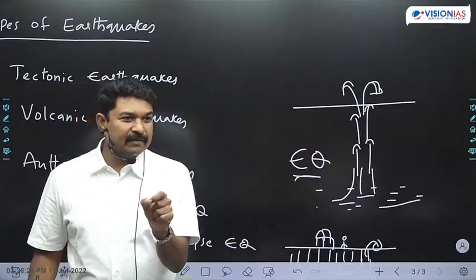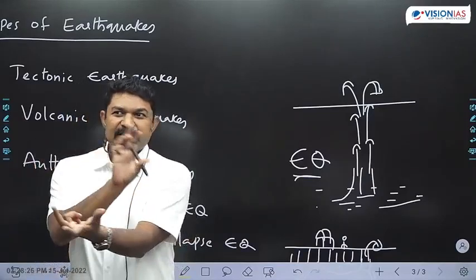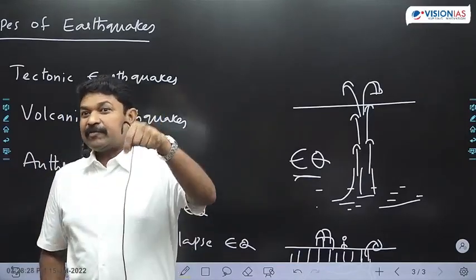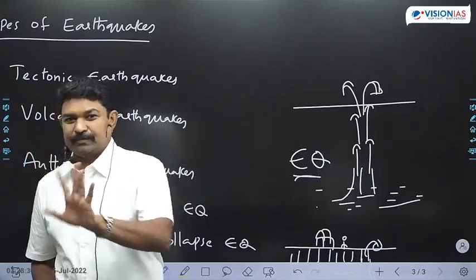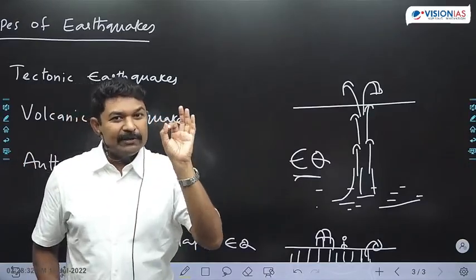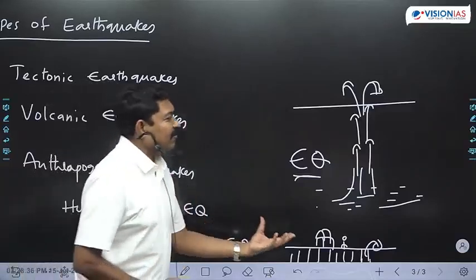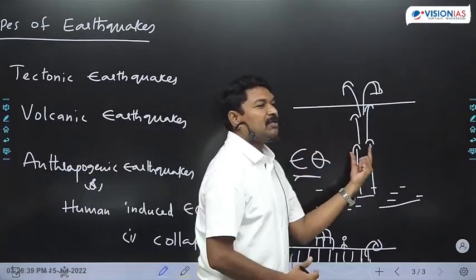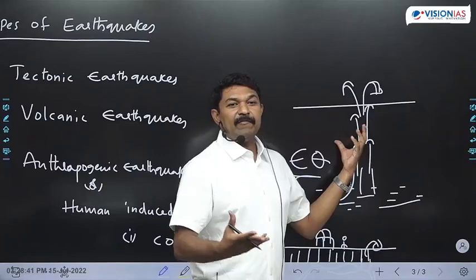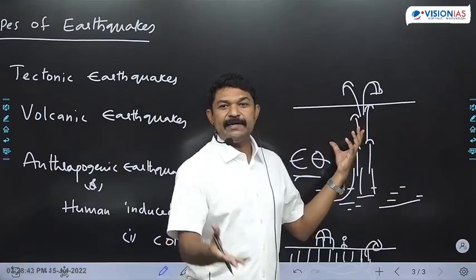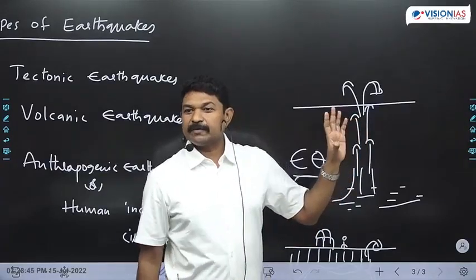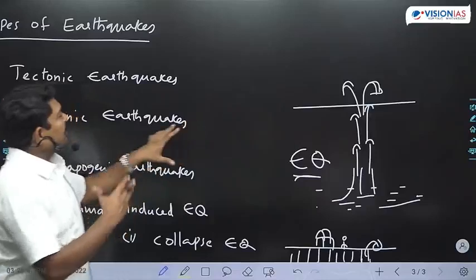Can we say the statement the other way? All the earthquake zones are volcanic zones? No. But all the volcanic zones are earthquake zones. Because whenever the magma punches, the rocks break, and whenever the rock breaks in the interior, it is called an earthquake. These are the different varieties of earthquakes.